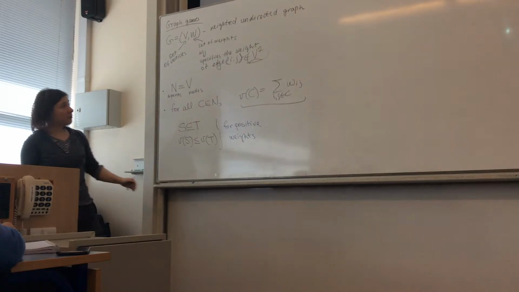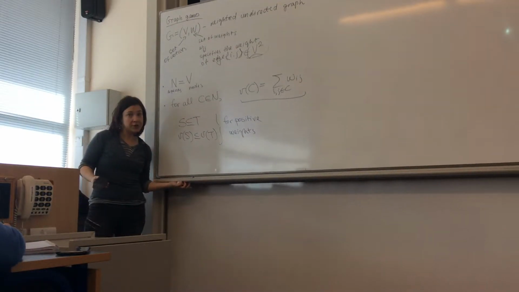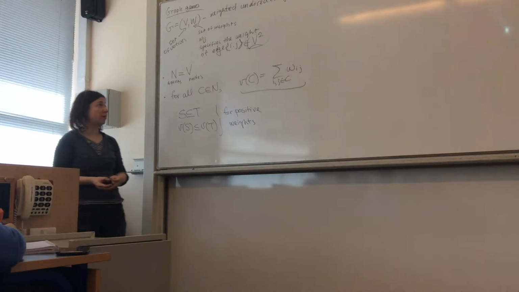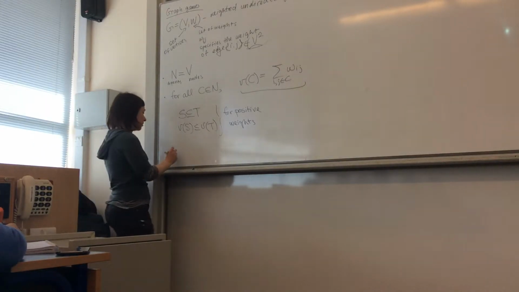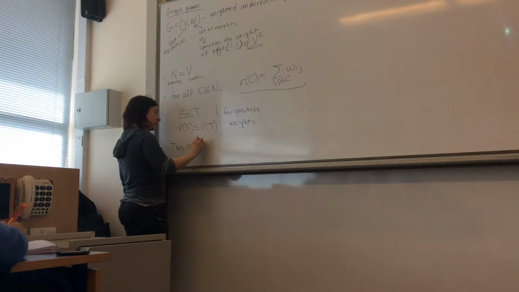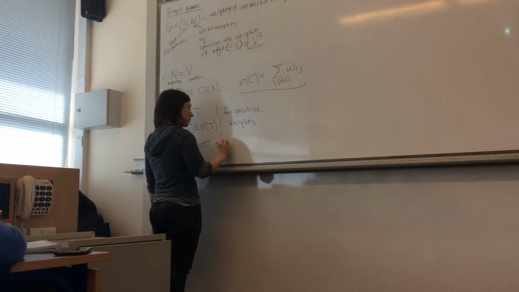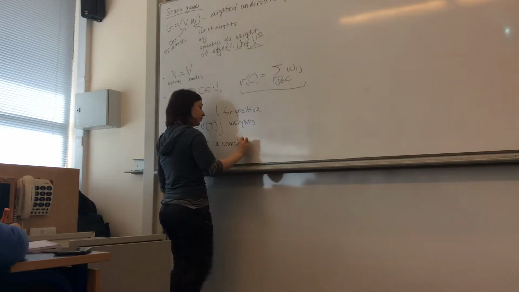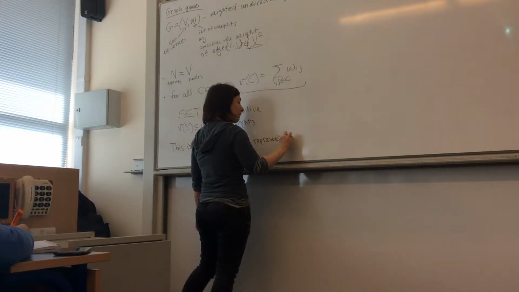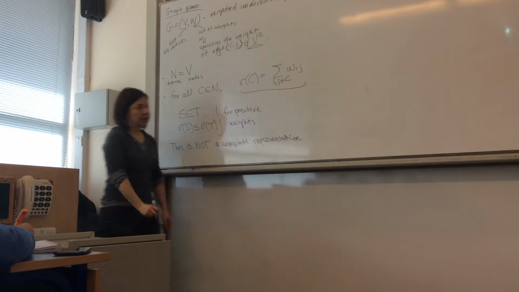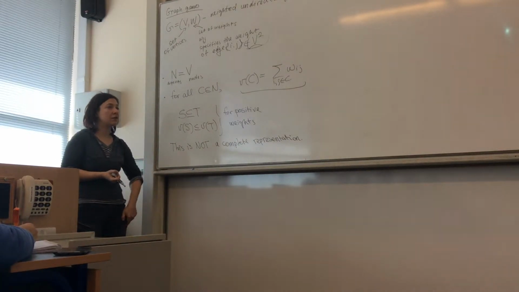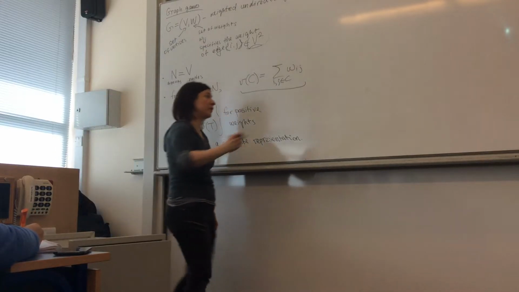Now, this representation is not fully expressive, so there would be games that we cannot represent this way. This is not a complete representation. An example of a game that cannot be given in this way is the majority game, if you remember that?